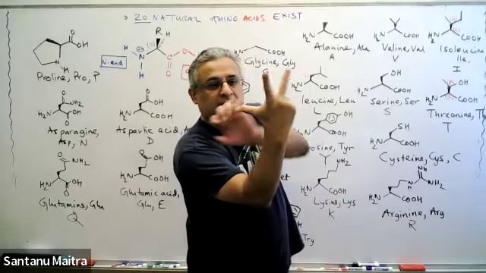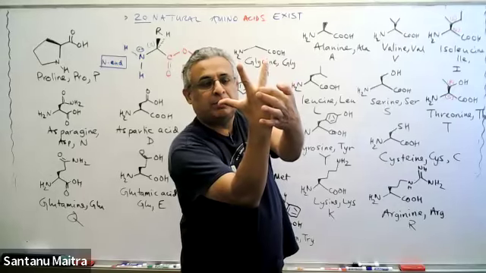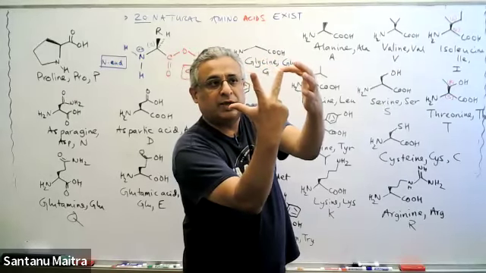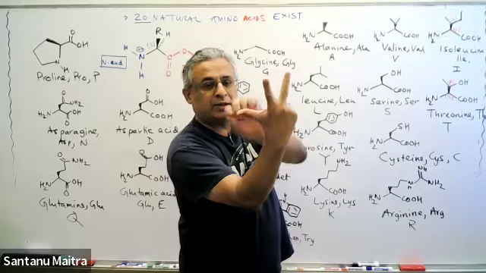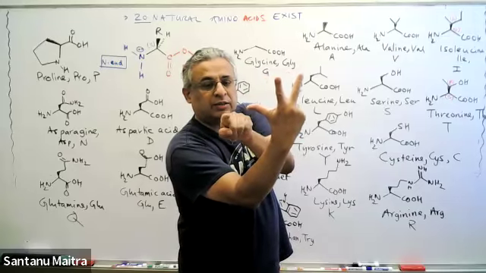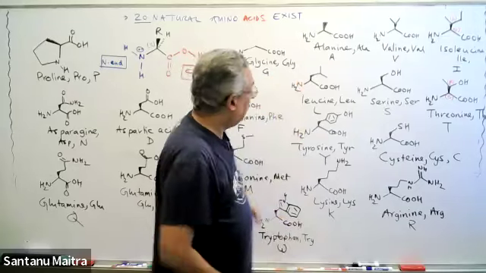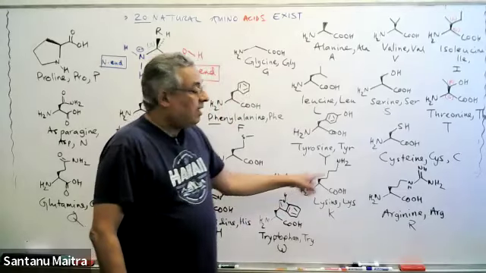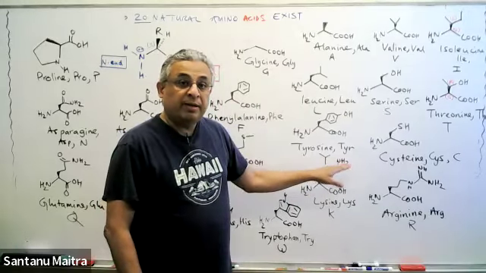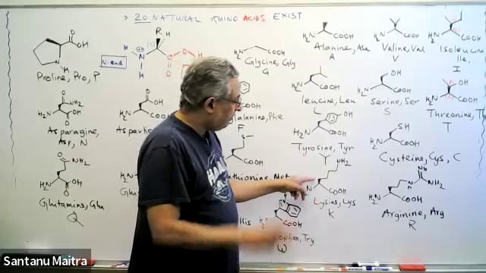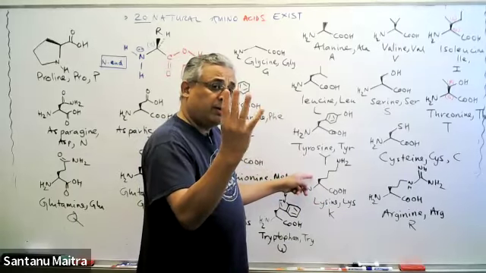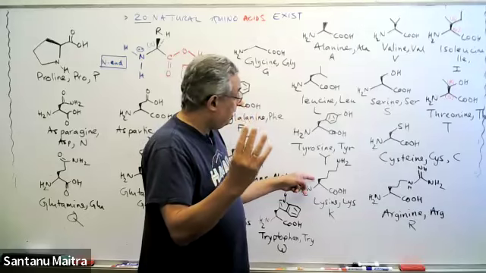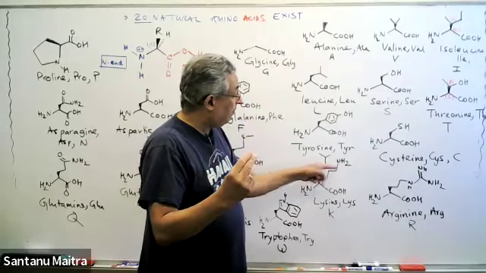This is a nitrogen, that's a carbon, that's a nitrogen, that's a nitrogen, and this nitrogen is attached to a three-chain CH2, CH2, CH2. Lysine is plain and simple primary amine at the end. There are four methylenes in between. 1, 2, 3, 4.